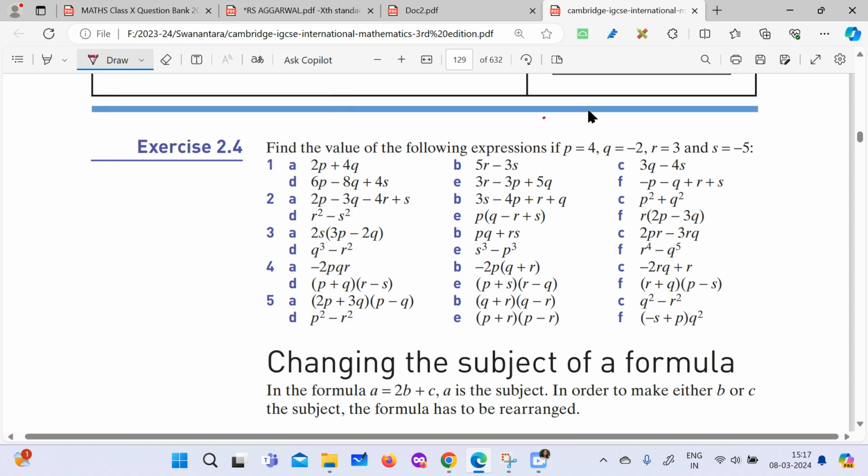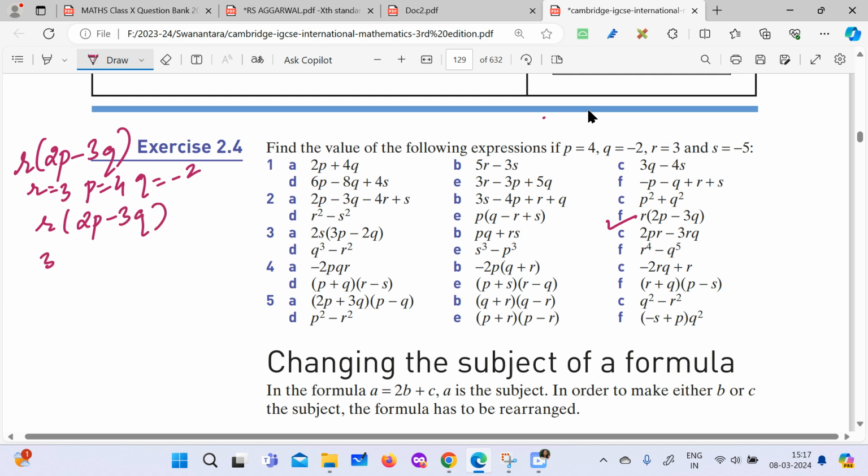Now we will do this one. R times 2p minus 3q. So we know the value of R is 3, p is 4 and q is minus 2. Let's substitute all of these values in the given expression.